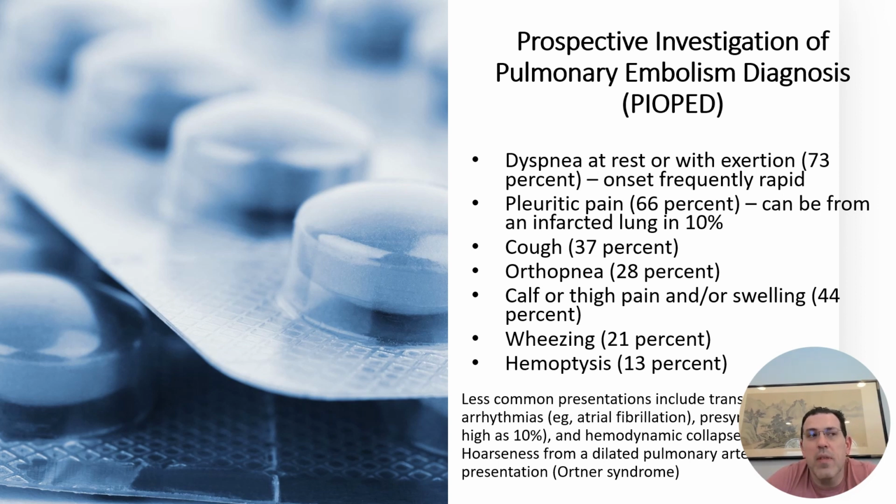We think an individual has a DVT in their lower extremity, and that clot goes to the heart. When it goes to the heart, it hits the endocardium somewhere and causes an arrhythmia, and it's the arrhythmia that temporarily causes either pre-syncope or syncope in that individual. So, take-home point: the next time you have a syncope patient, do keep this in mind. Pulmonary embolism should be within your differential diagnosis.